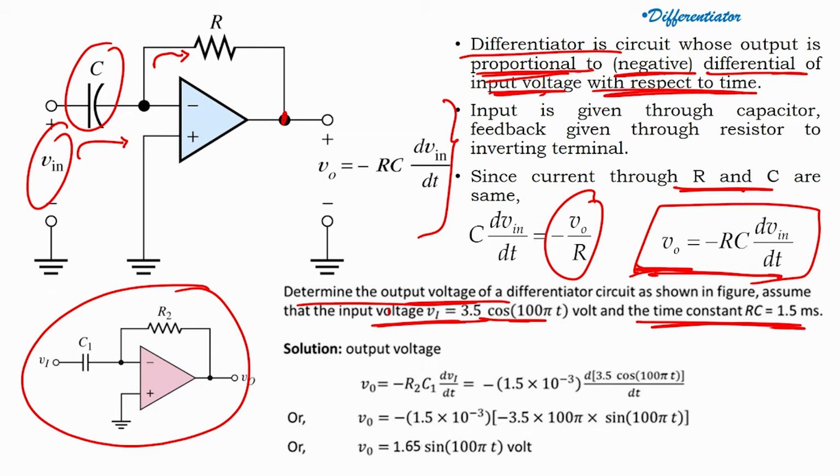If I substitute the values of R, C and V in, I can easily find the output voltage, and when you solve it you will get VO equals 1.65 sin 100 pi t volts.